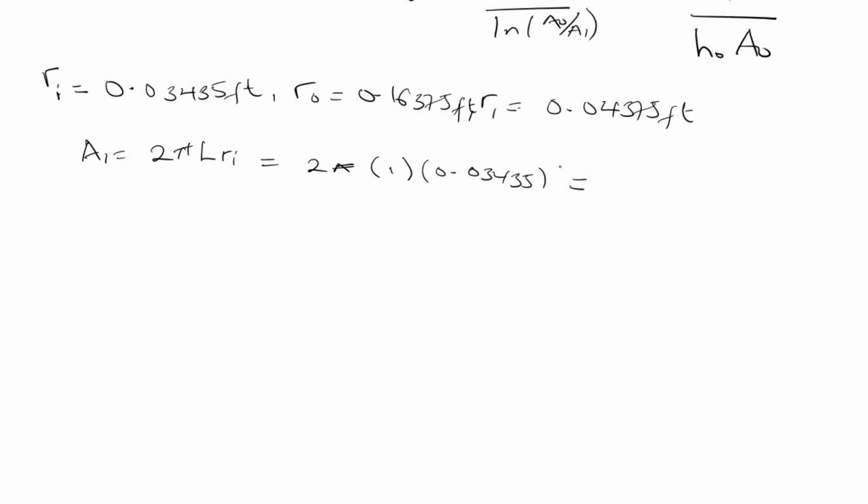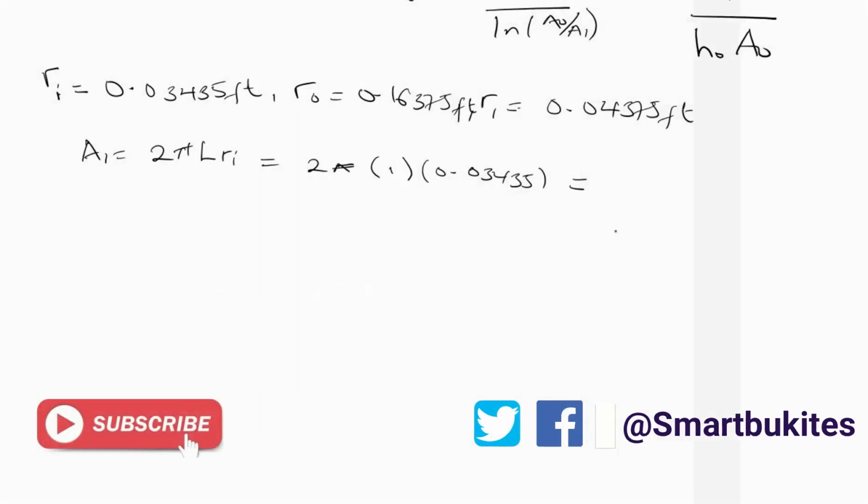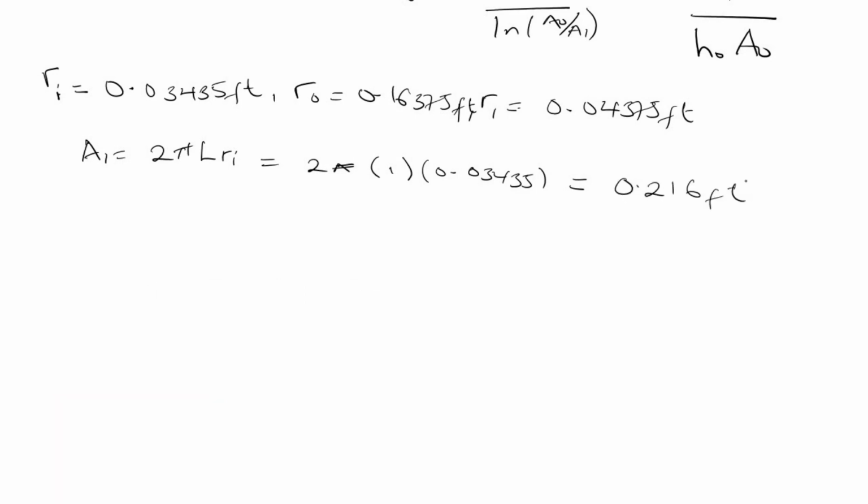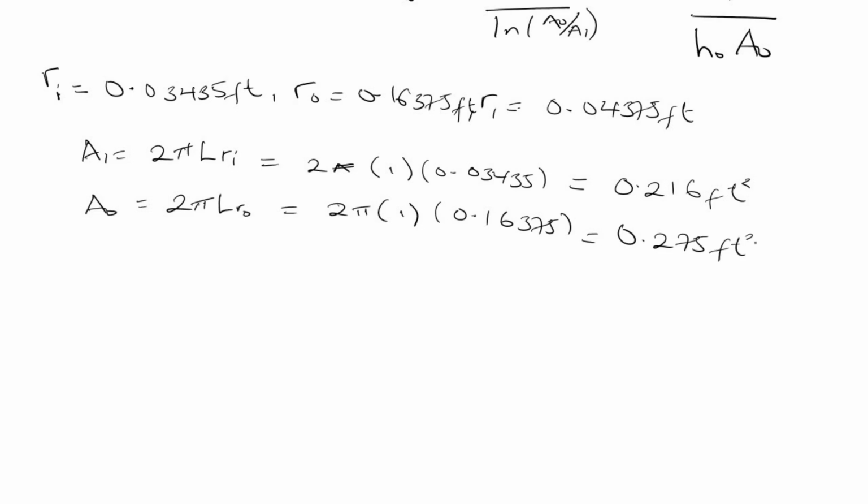If you calculate it correctly, it's going to give you 0.216 feet square. Likewise, this one is going to give me 2 pi L R naught, L is also 1, the R naught is 0.16375, which is going to give you 0.275 feet square.